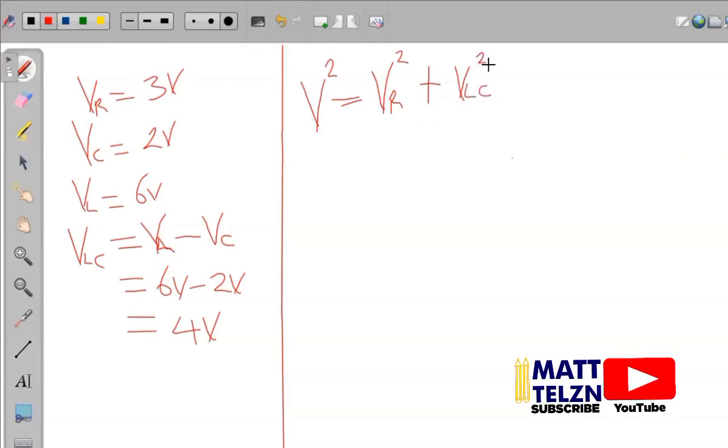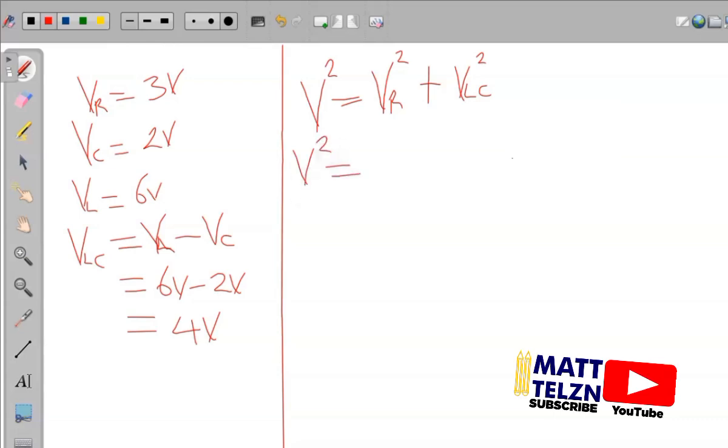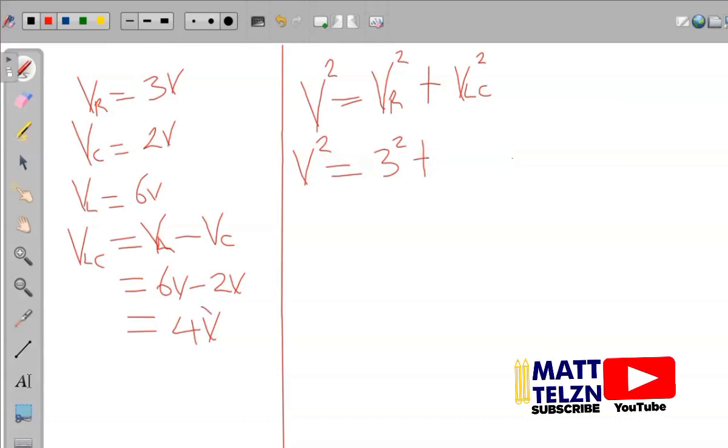This is the relationship I'm going to use. So I have V squared equals VR, which is given as 3, squared, plus the difference I've calculated, which is 4, so 4 squared.